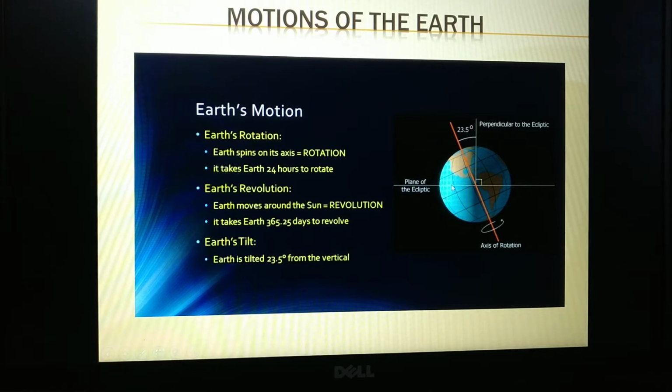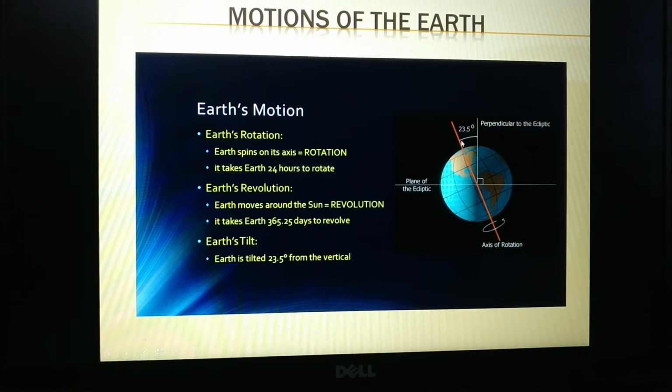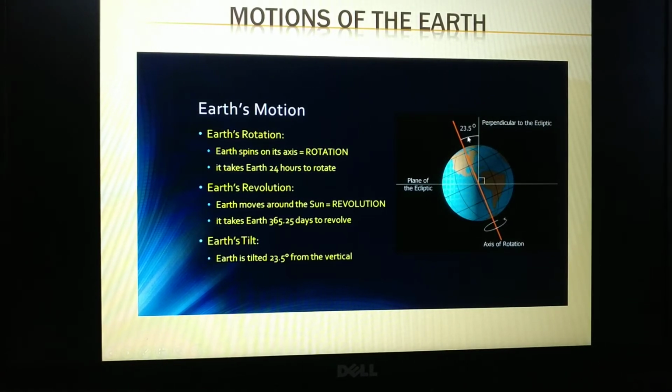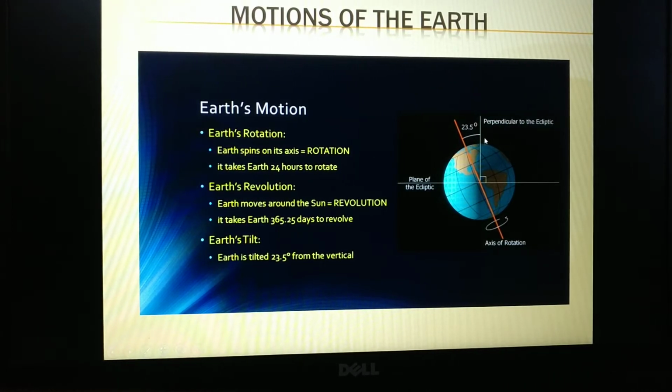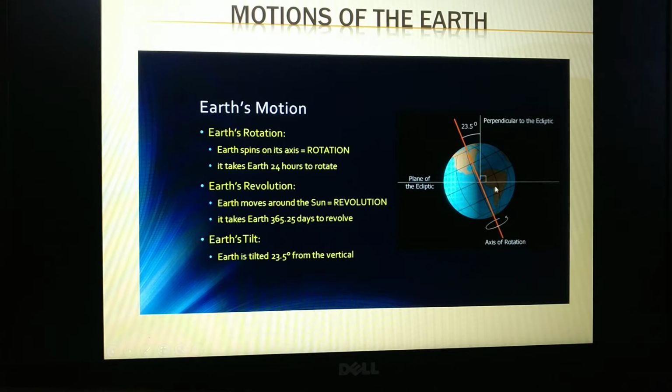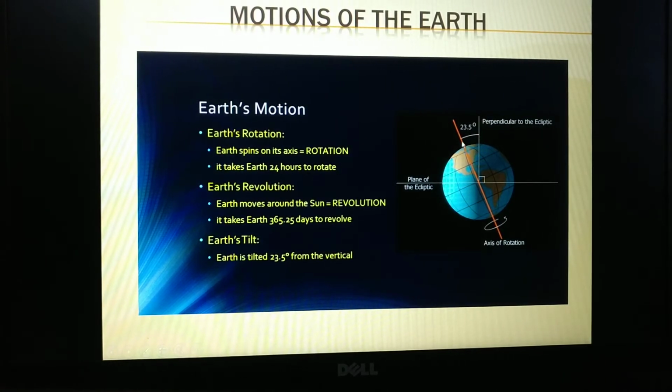This is the orbital plane, and this is the vertical line. And here it is making 23.5 degree inclination. This line is perpendicular to the elliptical or orbital plane, and this is the axis.